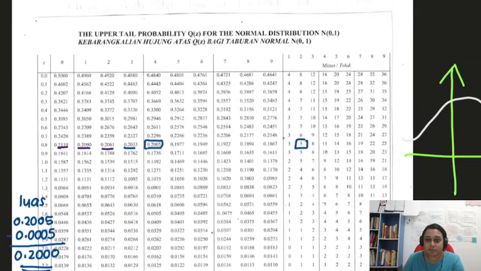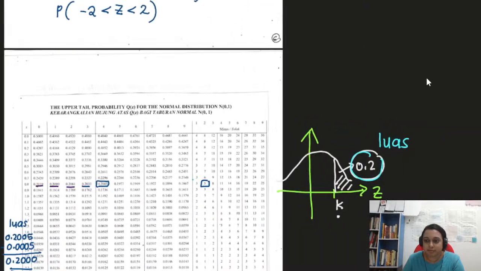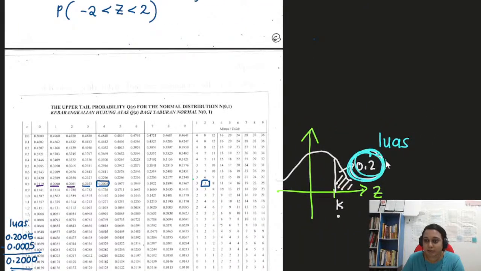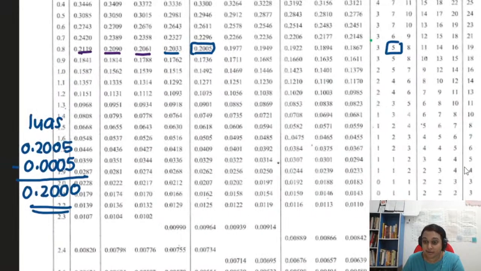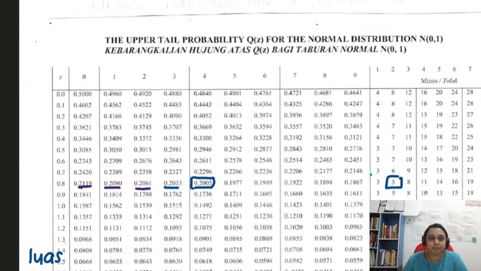The graph, this is what we want, 0.2. So since we already got what we want, go back to your table, see what was it, 0.842, because that was what we chose.